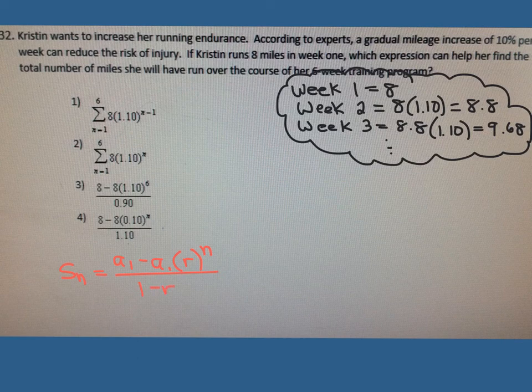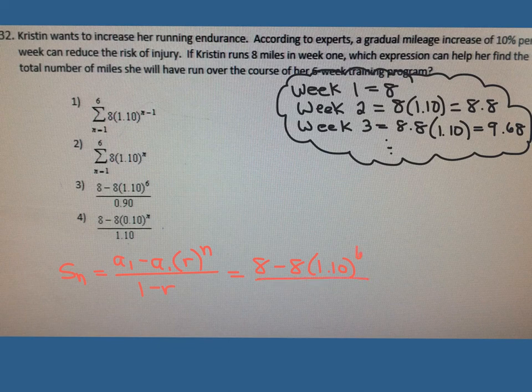So if we were to plug in the numbers here, a sub 1, the first week, she'd be running 8 miles, so I'm going to replace those a sub 1s with 8s. Since she's increasing by 10%, this would be 1.10 to the, over 6 weeks, so to the 6th.